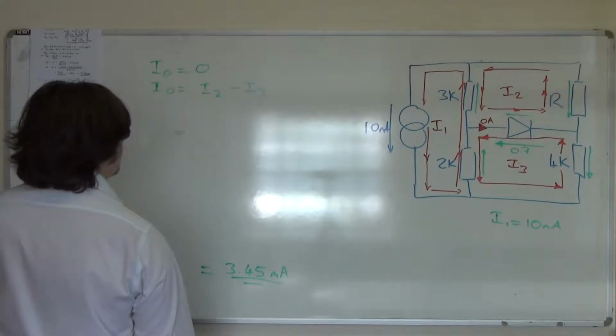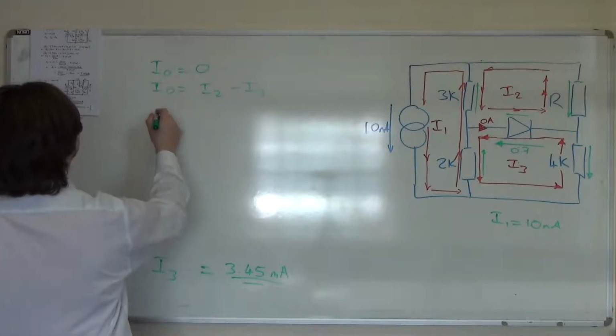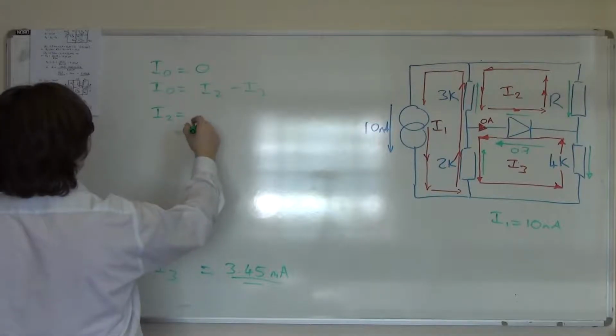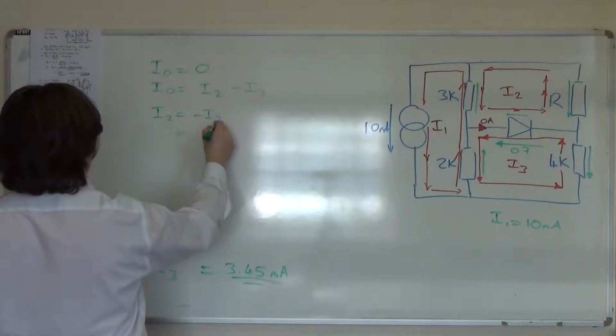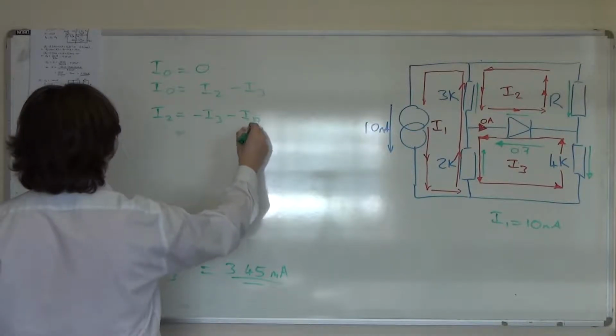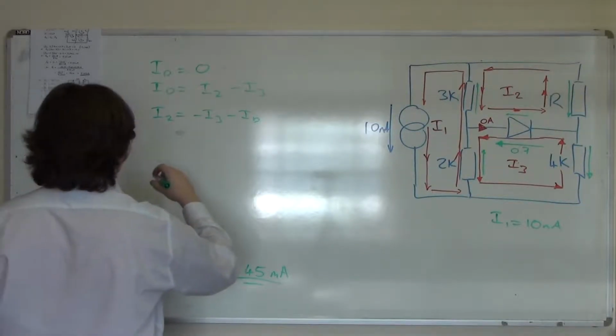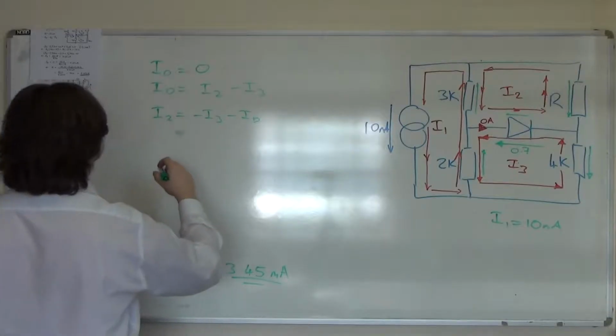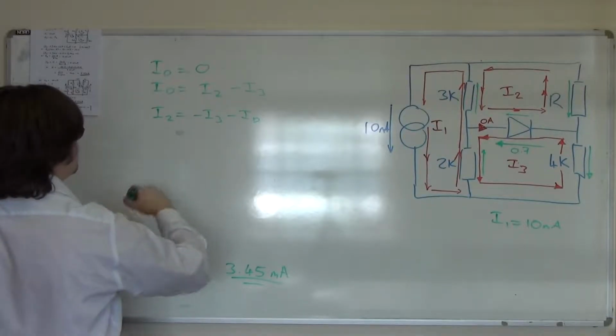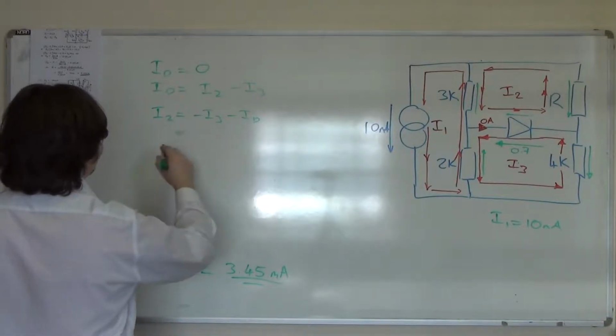So we can say that I2 is equal to minus I3 minus ID. Or rather, I2 is equal to minus I3 because this bit's 0.